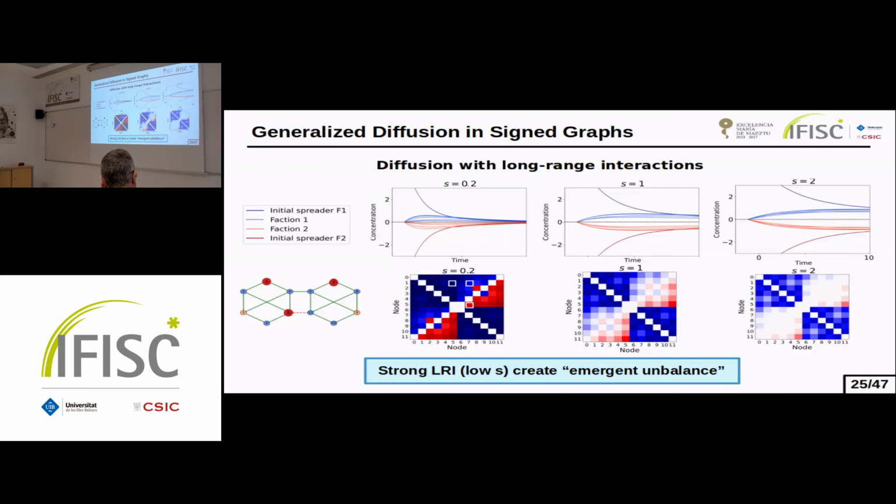For example, nodes 1, 5, and 7, which are not connected in the original network, are connected through a negative triangle, an unbalanced triangle, in the effective adjacency matrix because of these long-range interactions. So the long-range interactions are creating an effective imbalance that drives the system towards the correct stationary state.